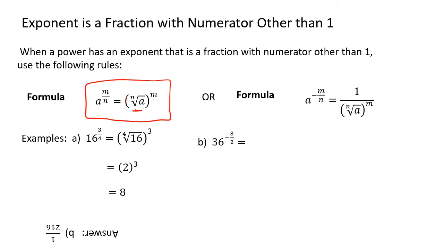The reason for that is, if you want to see it simplified out, a to the exponent m divided by n is the same as a to the exponent 1 over n times m, because if you were to multiply those, you'd get m over n.